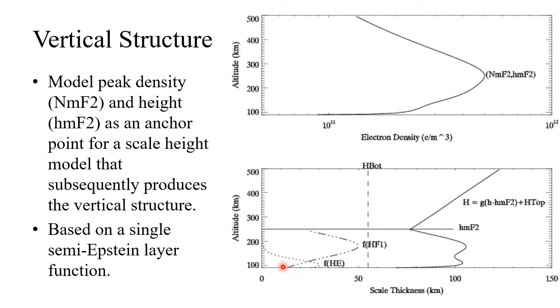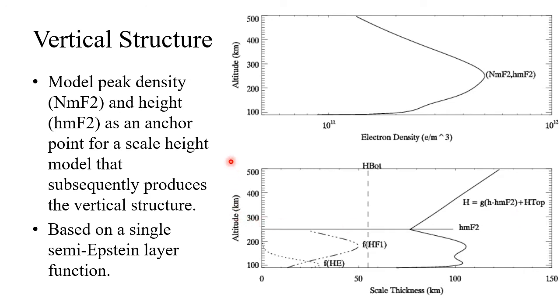So we have a number of functions that create the curvature in the bottom side, creating the F1 layer and the E region. And then we have a transition between the bottom side F region thickness and the top side F region thickness, where in the near peak regime, the top side scale height is given by this, but as you go to higher altitudes, this top side thickness actually becomes asymptotic.